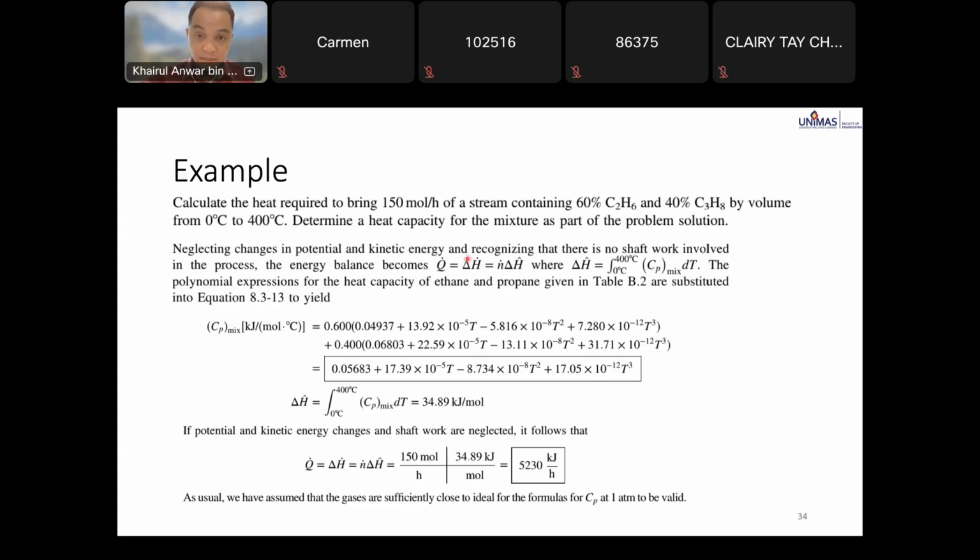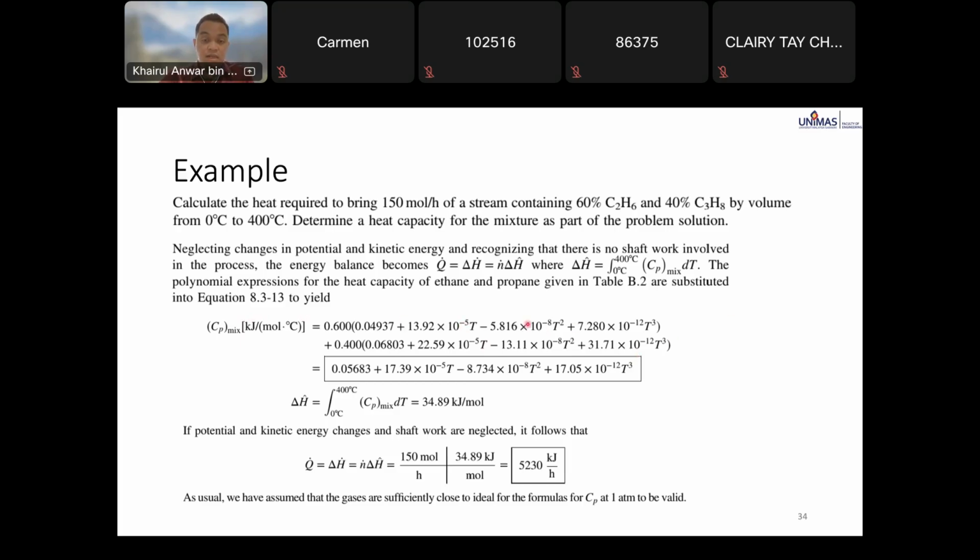So this is the delta H for the specific enthalpy, where delta H equals the integral from 0 to 400 degrees C of Cp mix dT. The polynomial expressions for the heat capacity of ethane and propane are given in table B2, as in equation 8.3-13. Okay, this expression.